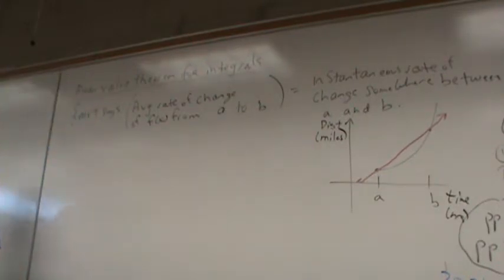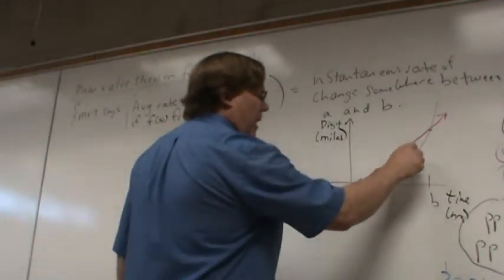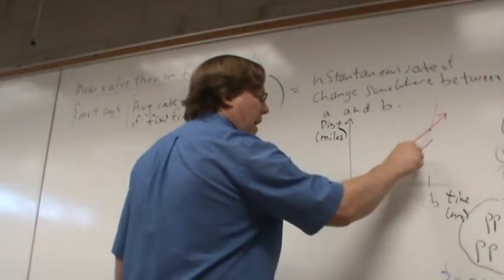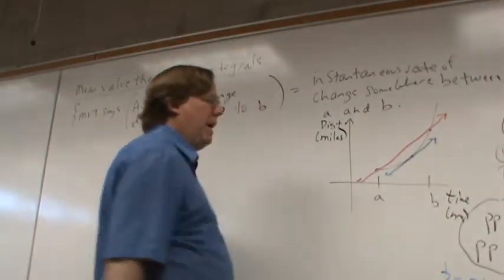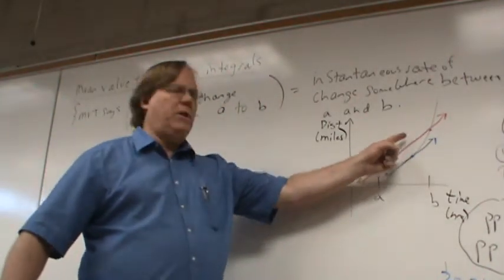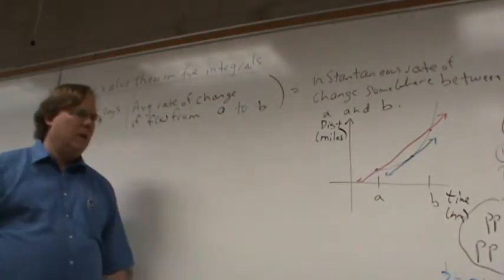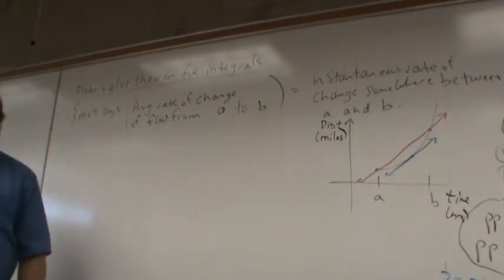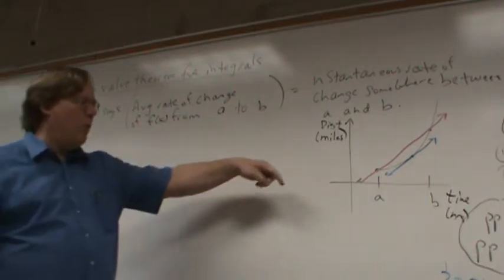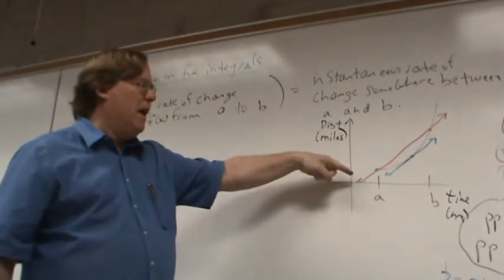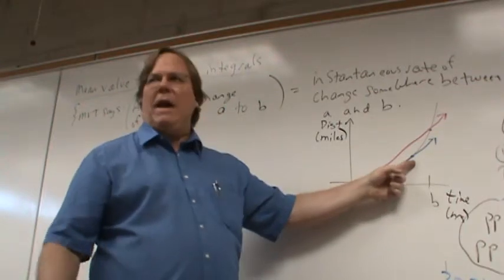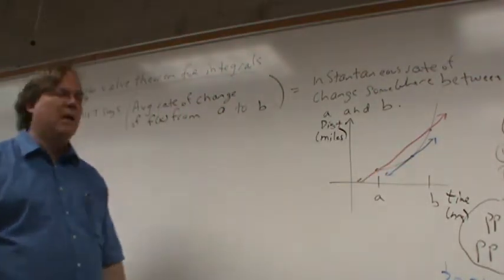Well, the mean value theorem says sometime during this trip, your instantaneous rate of change, which is the slope of the tangent, has to be equal to your average rate of change. The mean value theorem says if you took 4 hours to drive 240 miles to Vegas so that your average speed for your whole trip is 60 miles an hour, then somewhere on your trip you had to actually be going 60 miles an hour.